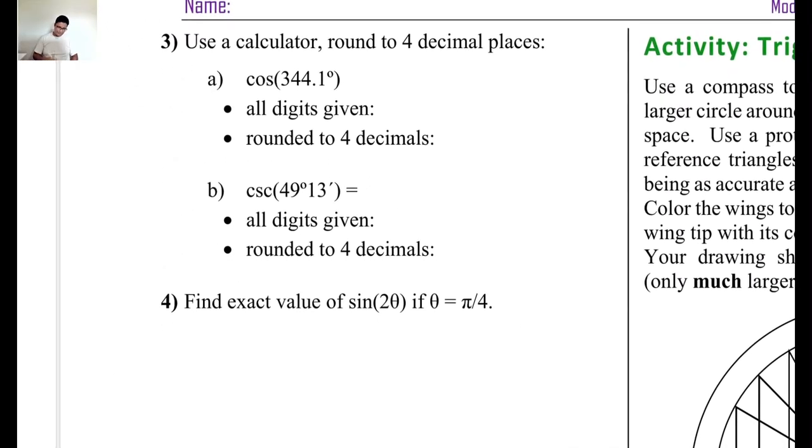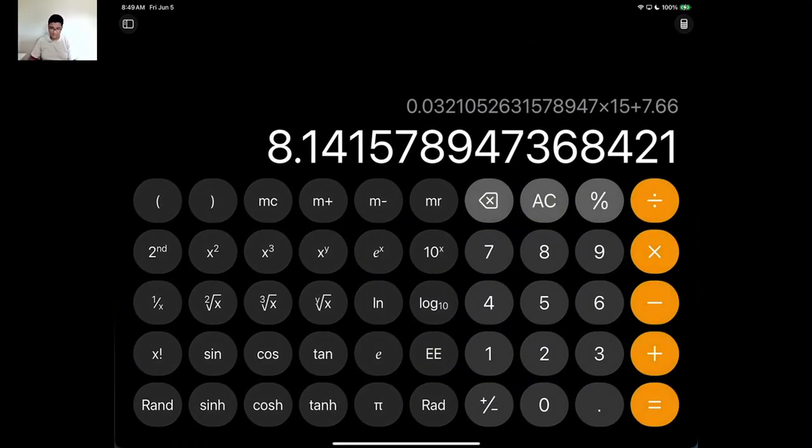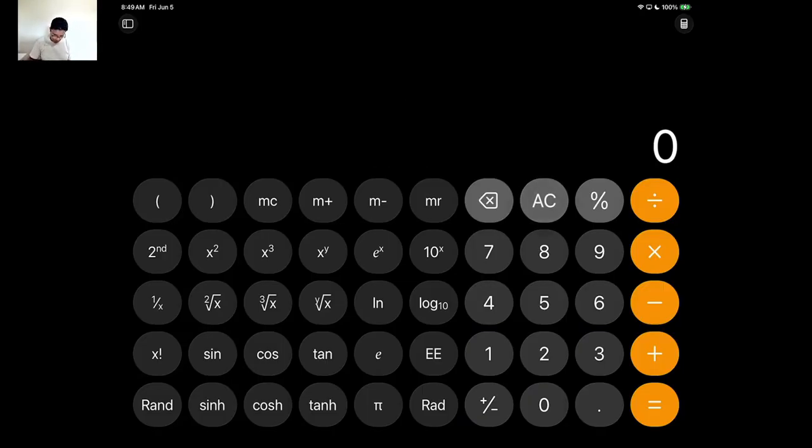Okay, use a calculator, round to 4 decimal places. Now, first thing, make sure that it's in degree mode. Cos 344.1 degrees. I'm going to show you with the calculator that I have on my iPad. Do a similar thing on your Texas Instruments calculator. Okay, all clear.